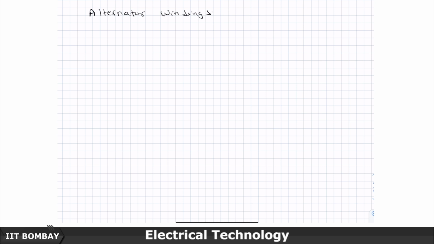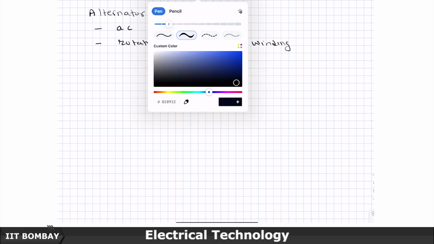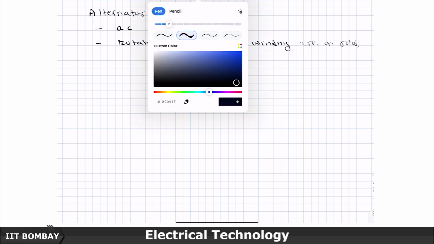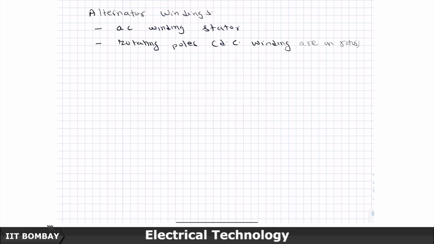Let us first consider why alternators are usually constructed with the AC winding on the stator and rotating poles, that is, the electromagnet or the DC winding is the rotating pole, or the DC windings are on the rotor. Okay. So, this is usually the thing.